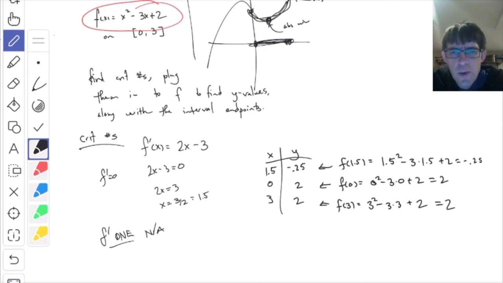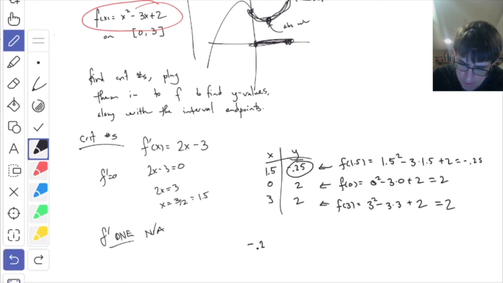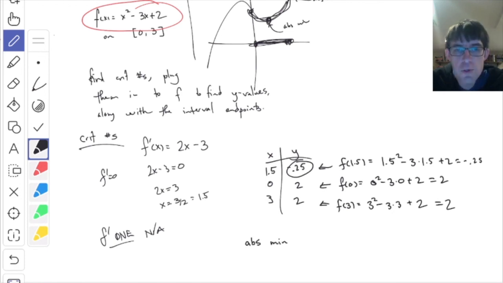Did I say there's always only one maximum and only one minimum? This is true as far as the y values go. So I'm going to say the absolute minimum is, you choose the smallest of those y values.